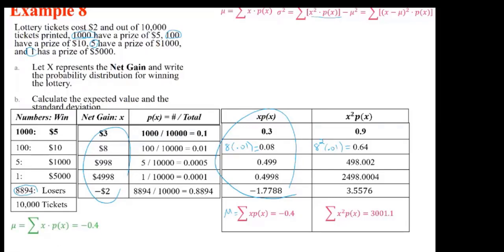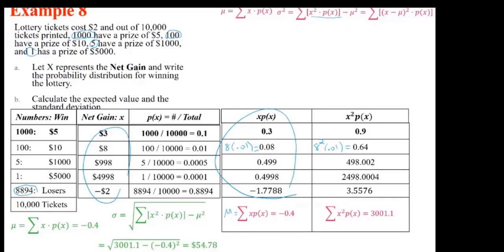We use this formula and we take a root. I'm not calculating the variance, although you can, because you have to calculate the variance and then take a root. Either way is fine. So x squared p of x, we know the summation is 3001.1 minus mu, which is negative 0.4, squared. And when we go through the process, we end up with 54.78.